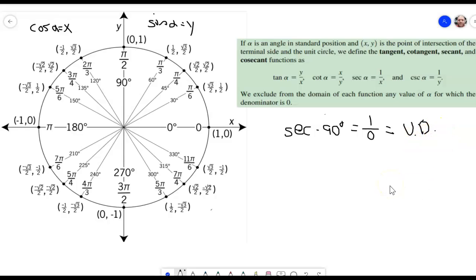All right. And let's do one more. Let's do the cotangent of negative 90 degrees. This will be the last one.